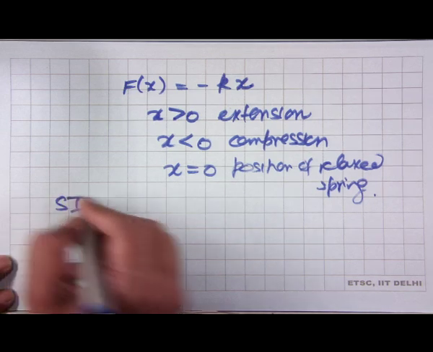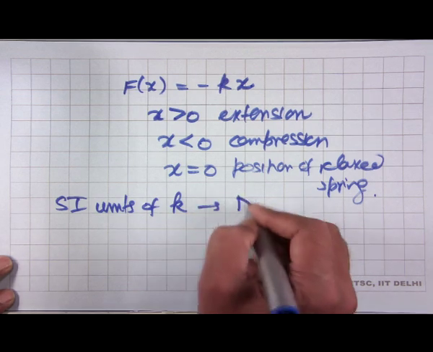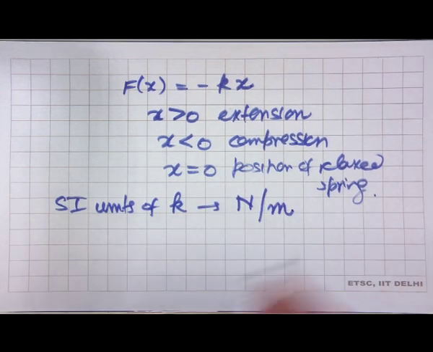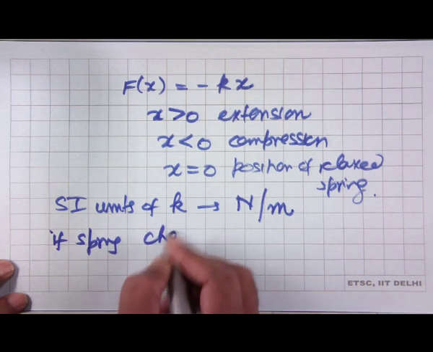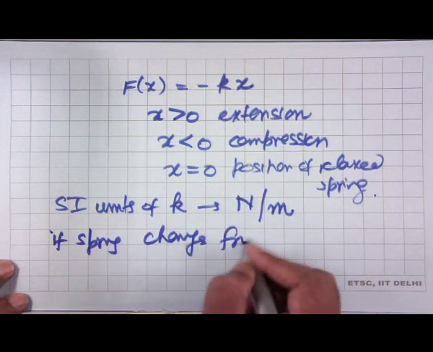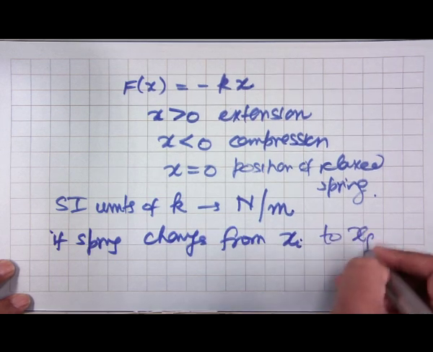The SI units of k are Newton per meter. Now, let us see if the spring changes from xi, the initial position, to xf.